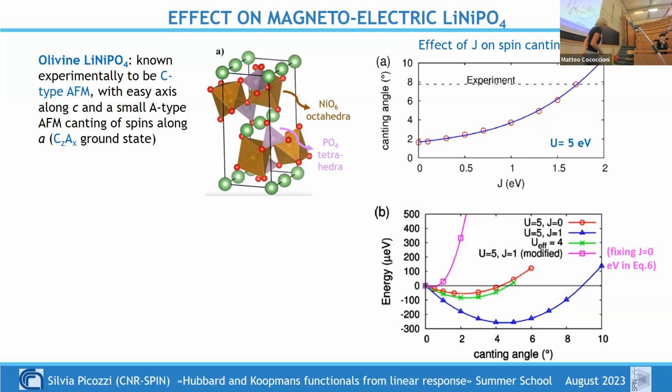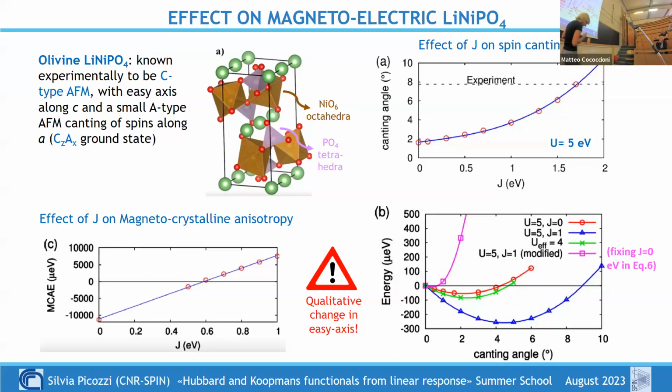And the results that they were showing are that, for example, if you compare U=5 and J=1 with effective U of 4, which in Dudarev would be the same, you actually get two completely different results. When you plot, for example, the energy versus the canting angle. Canting angle means by how much the spin moves away from the C-axis. So it's important to include the J, and in principle the right one.